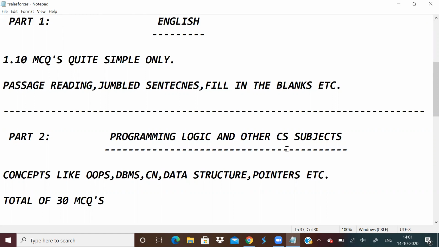Data structure, I could answer. It was quite simple. Pointers were very time consuming. They were very lengthy, and pointer questions are sometimes tricky for me. I'm not generalizing this, but it's a little tricky sometimes for me. So all in all, it was quite decent. It was okay. I could do this section.